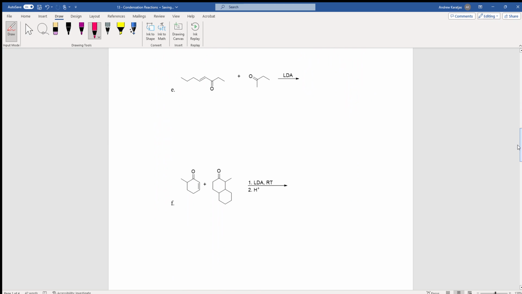Part E, a bit more complicated. We're going to start by forming the kinetic enolate, and that's because we've got LDA, which is generally a strong irreversible base. That enolate that forms will do a 1,4 addition into the carbonyl of the other compound.